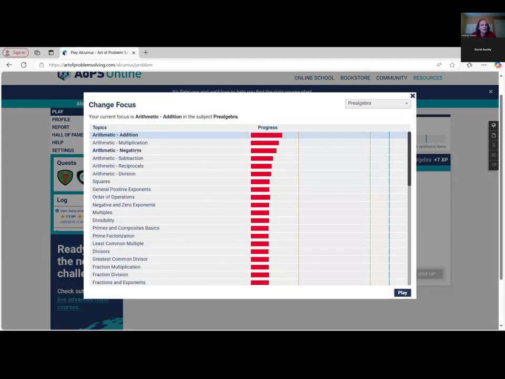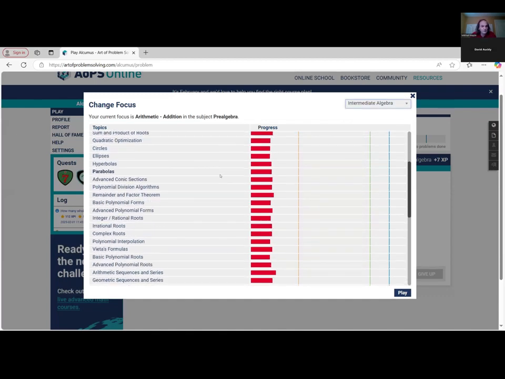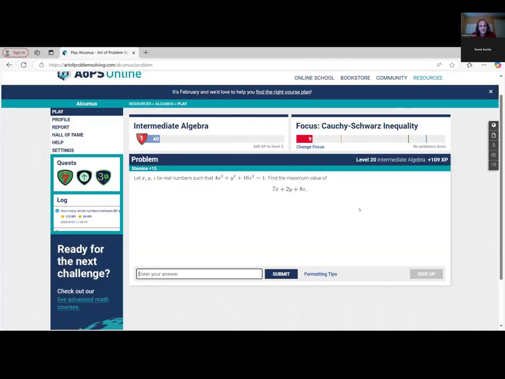You can do multiplication, subtraction, all kinds of things here. And it goes all the way to pre-calculus. Actually, there are some very advanced things here. If you look into intermediate algebra, for example, there is the Cauchy-Schwarz inequality, and there are problems for it. Here you go. So kind of advanced stuff.